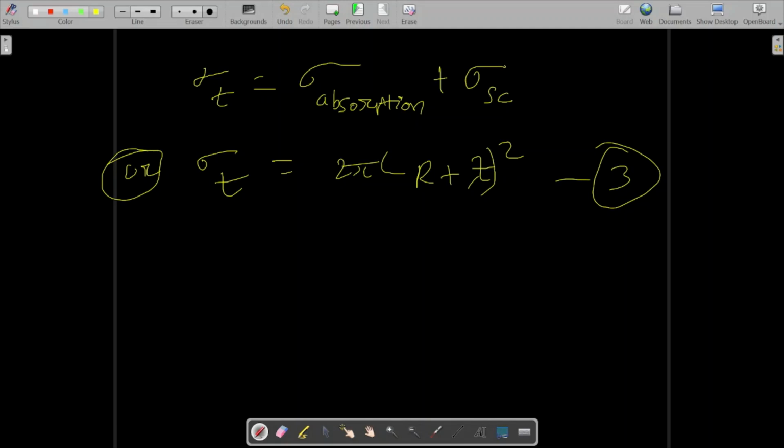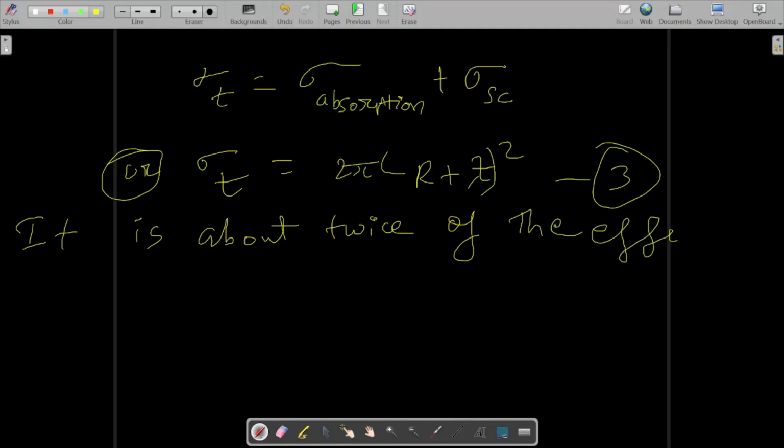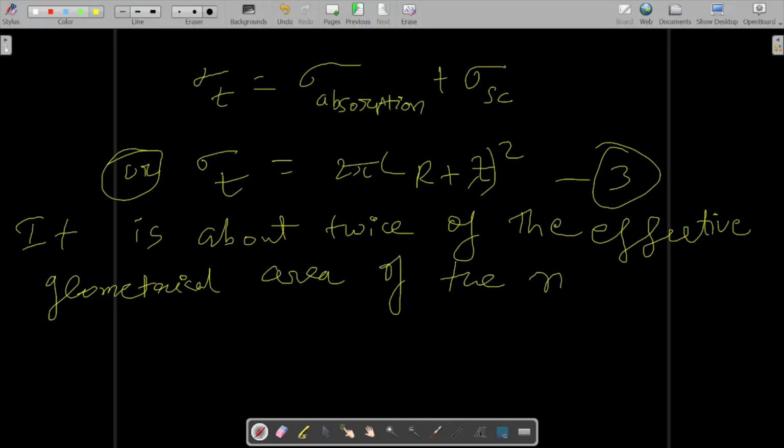Equation number 3. So now write down, it is about twice the effective geometrical area of the nucleus.